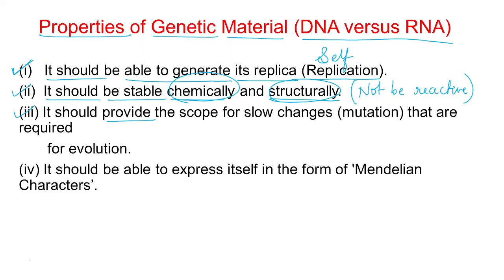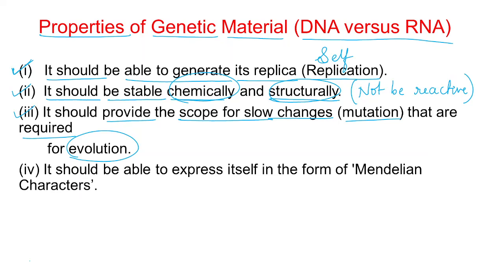It should provide the scope for slow changes, or mutations, that will be required for the purpose of evolution. Slow changes should be occurring in the DNA or the genetic material.